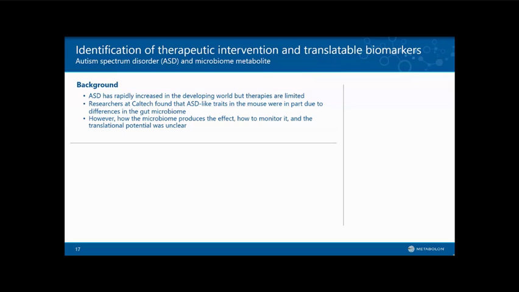Obviously, it's fairly well appreciated that the incidence of ASD continues to grow and therapies are limited. So this initially started with researchers at Caltech finding that a mouse model with ASD-like traits had differences in the gut microbiome. But they didn't really know how the microbiome produced the effect, how to monitor it, and the translational potential for the mouse model was unclear.